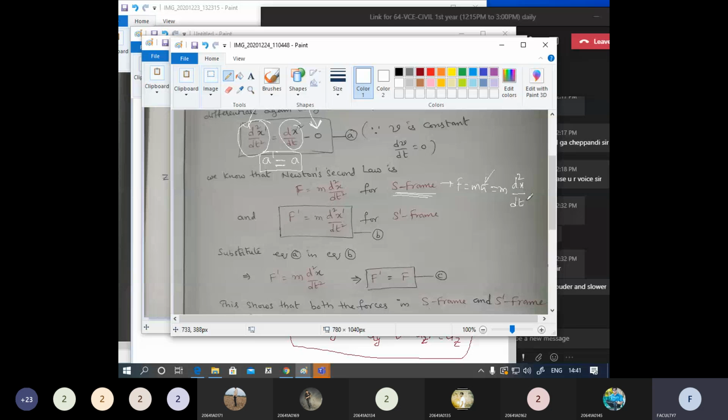Now regarding the second frame, F prime equals m a prime, where the mass of the particle remains the same, since in both frames you are observing the same particle. So a prime is d square x prime by dt square, F prime equals m into d square x prime by dt square. Consider this as equation 1 and this as equation 2.